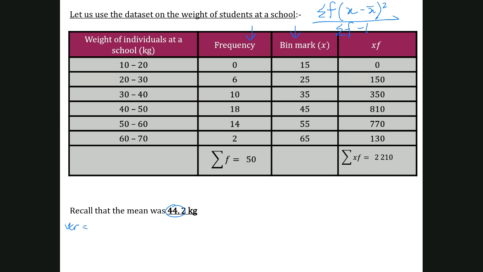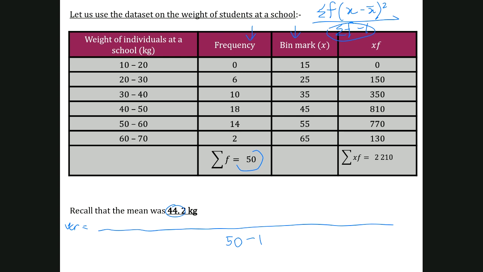So your variance is calculated with a denominator of the sum of f minus 1. The sum of your frequencies is 50, so your denominator is 50 minus 1. Now in your numerator, just ignore the sum sign for now.